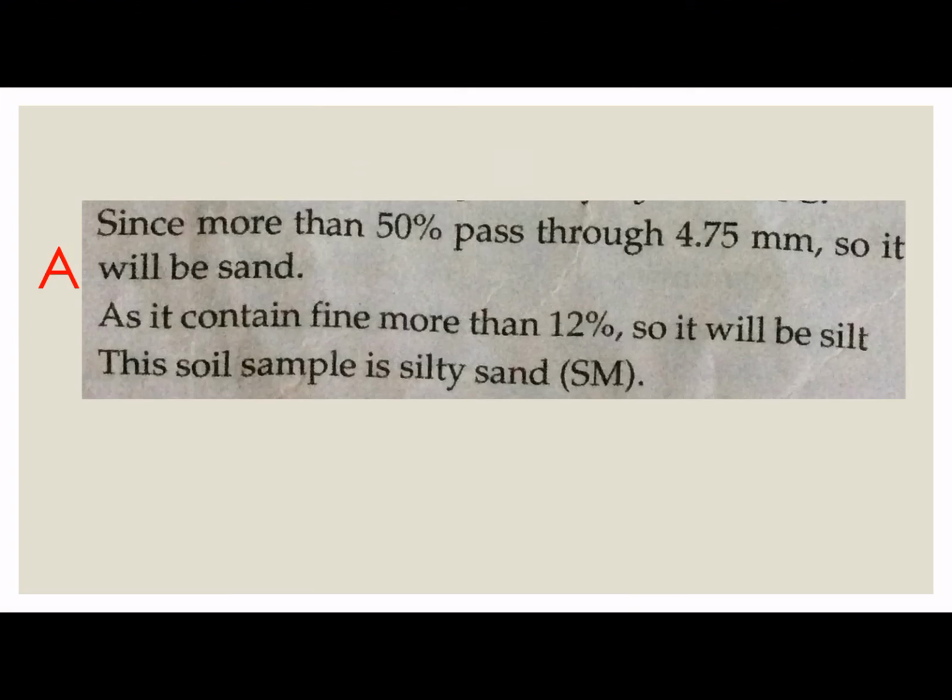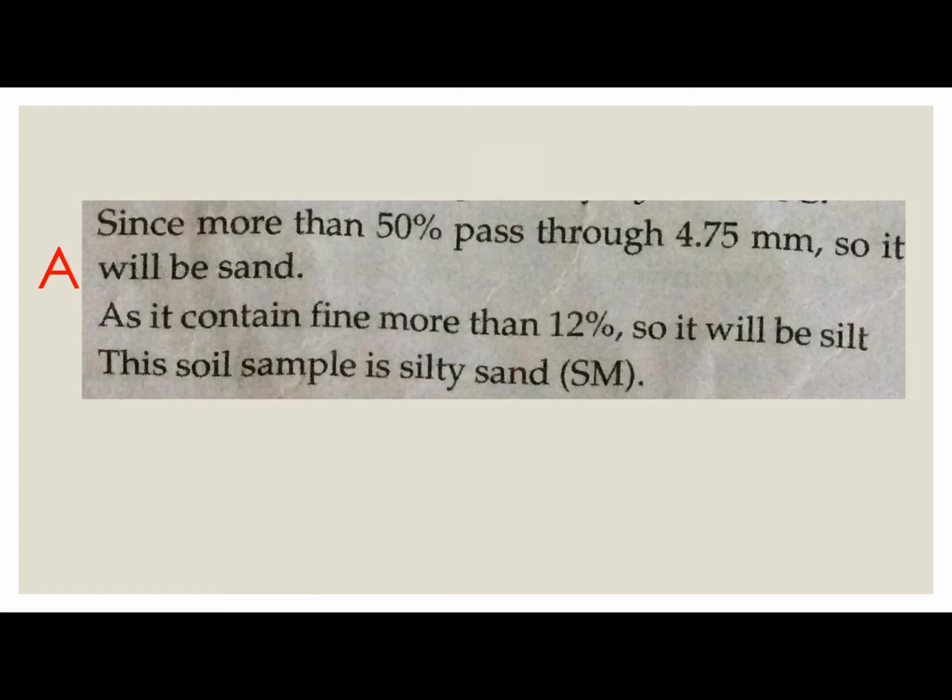So we have more than 50 percent passing through 4.75 mm. It's clear from the question. So it will be sand, and as it contains finer particles which is more than 12 percent, so it will be silt. So the soil sample we have is silty sand.